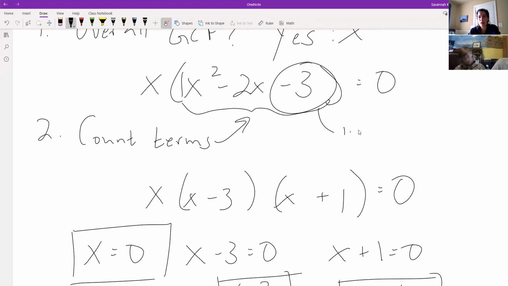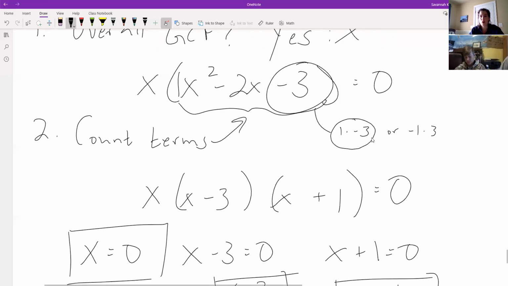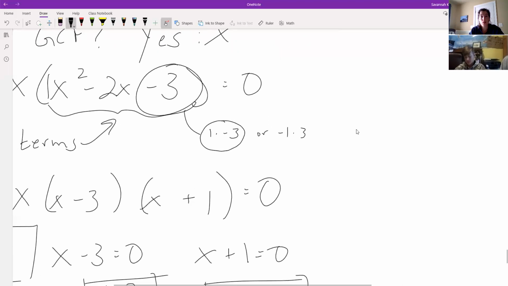If you factor -3, -3 can be 1 times -3 or -1 times 3. And it looks like it's the 1 times -3 that would add back to get you -2. I'm only factoring -3 here because if I did the AC thing, if I did 1 times -3, it would still just be -3. It's just a shortcut we can use because there's a 1 there. So these are the two factors, and if you want to, you can expand.